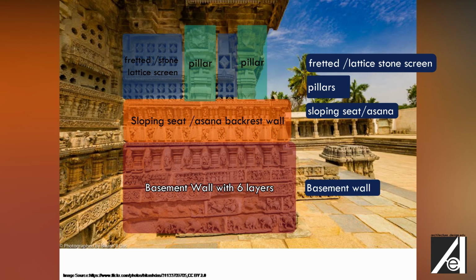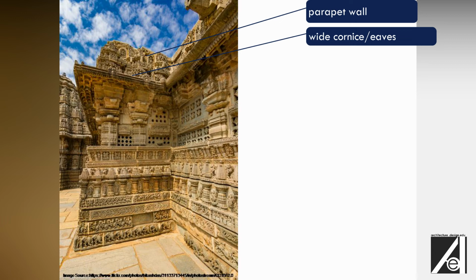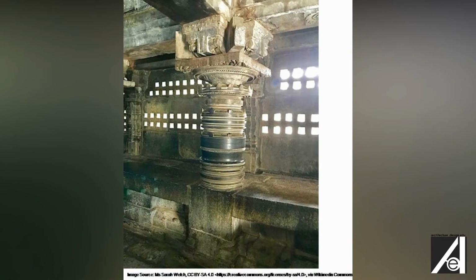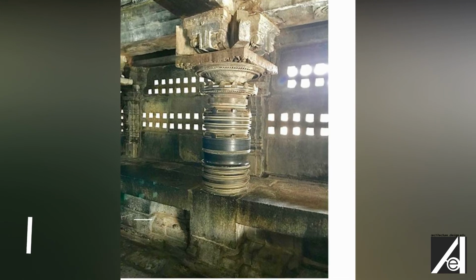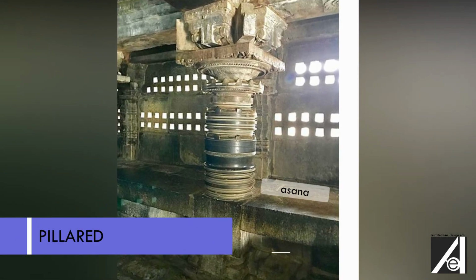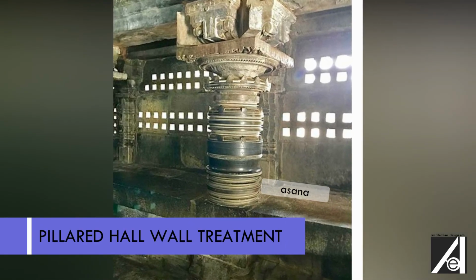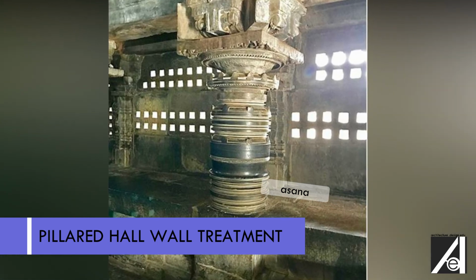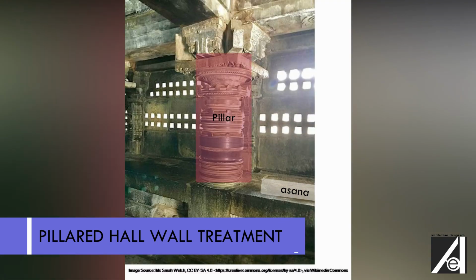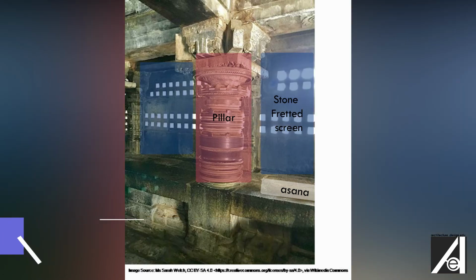Then one can find the wide cornice or the eaves, and above it a parapet wall. The Mukha Mandapa had stone sitting areas, that is the asana, with the backrest, which formed the mandapa's wall, above which rose the orders, and in between them the fritted screens were placed.